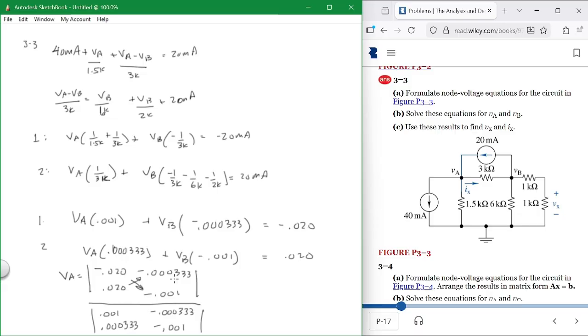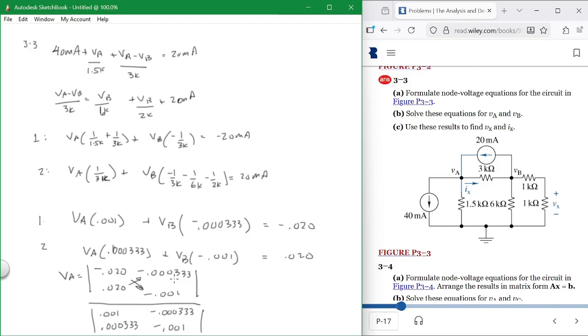Practice and see if you can get the right answer. This is where it gets fun. Minus 0.020 times minus 0.001 minus 0.020 times minus 0.000333 is equal to what?